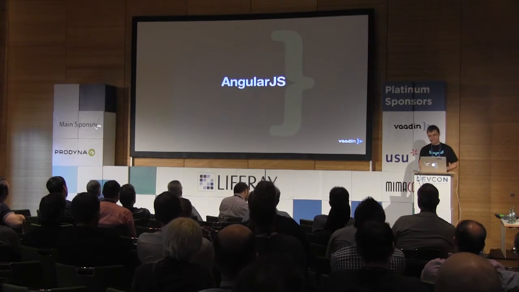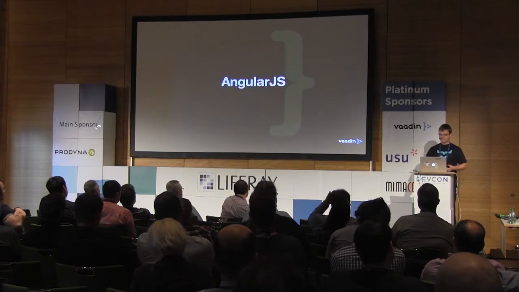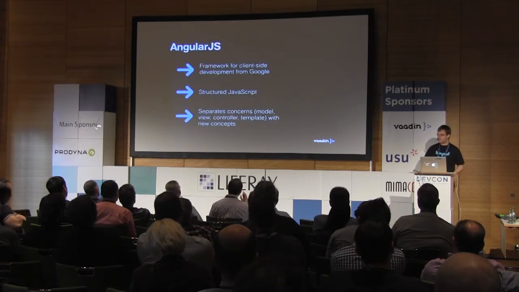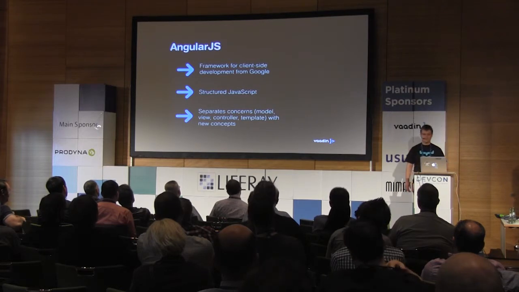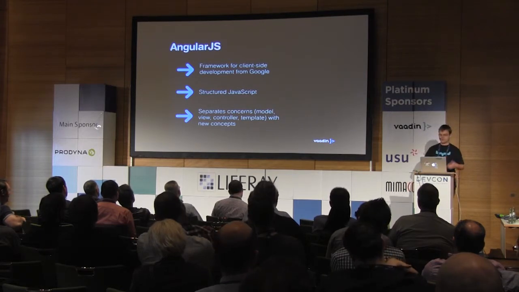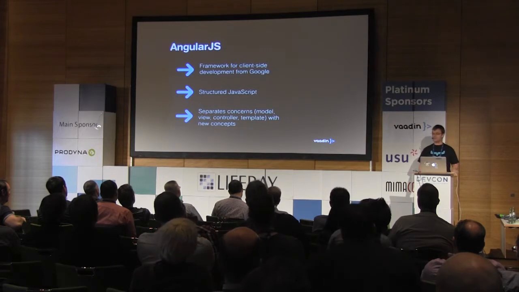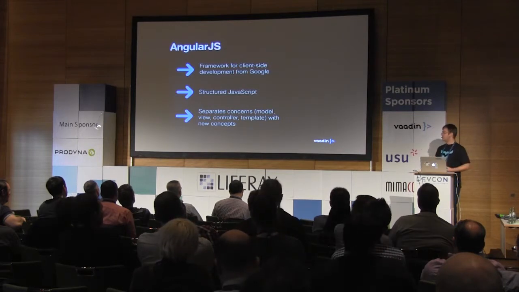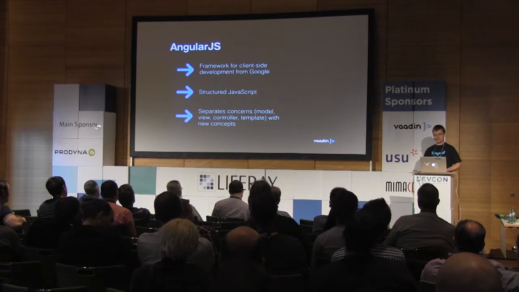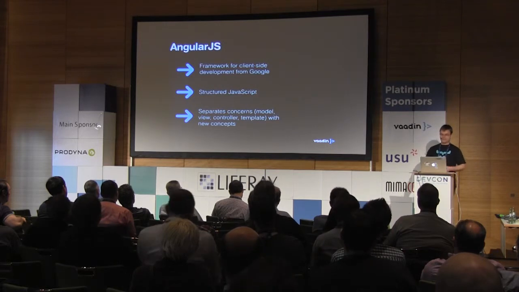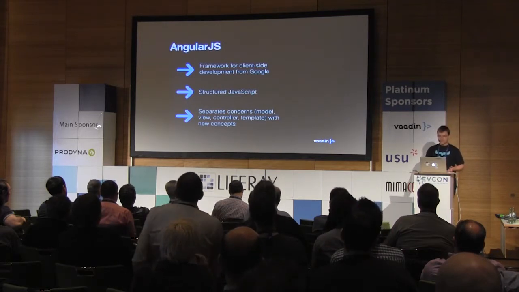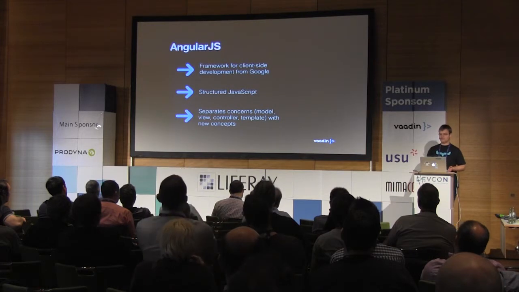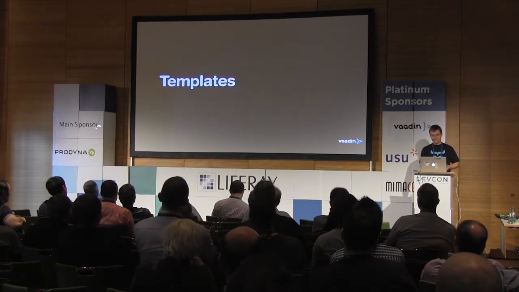Okay, so about AngularJS. That's also a client-side framework for development for the browser. It comes from Google. It's backed by Google. It allows you to structure your JavaScript and your HTML. It separates concerns with a couple of new concepts. So what are those concepts? Templates.